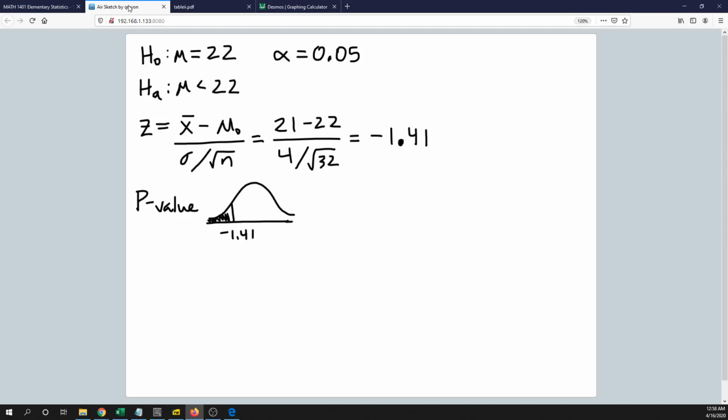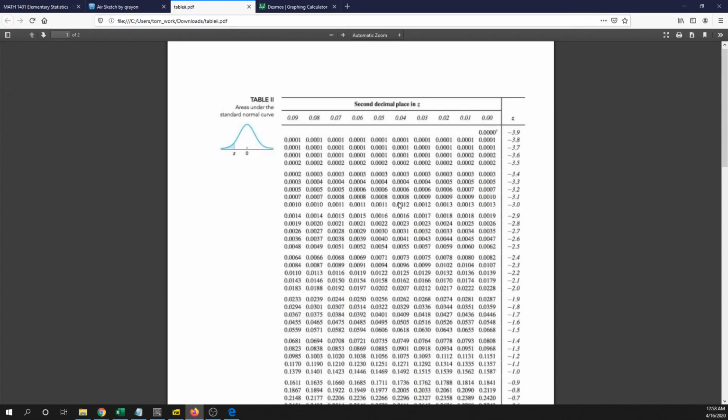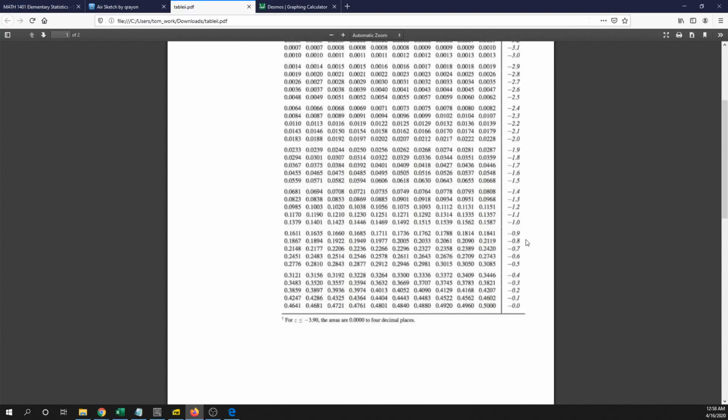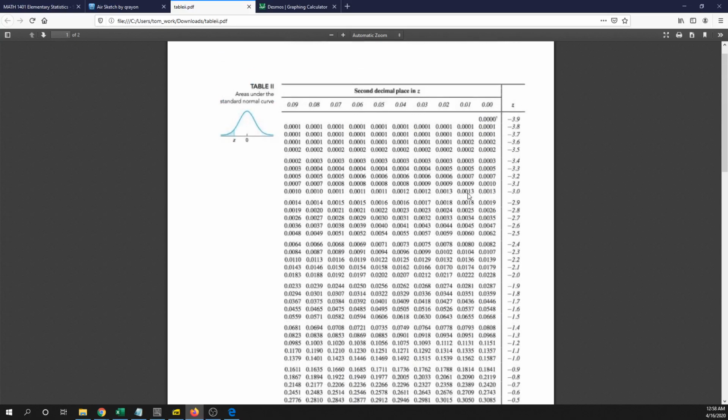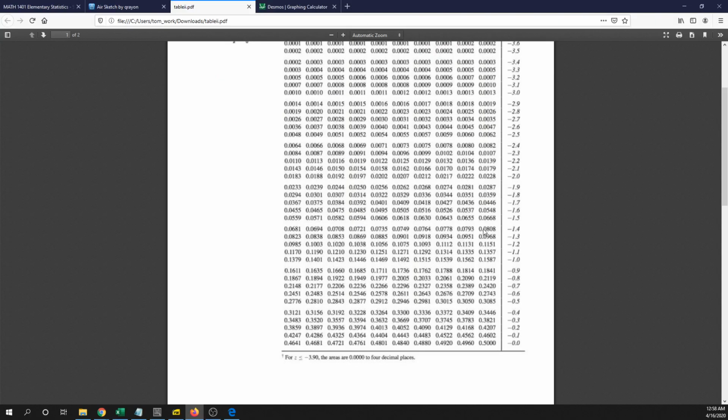So to the left over here. So go to table 2 and look up minus 1.41. It would be right here. So our p-value is going to be 0.0793.